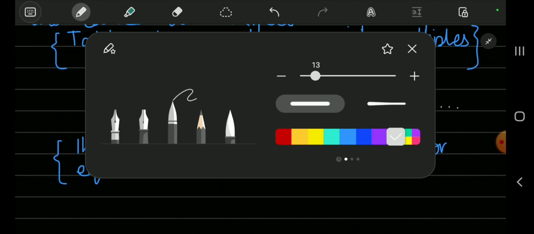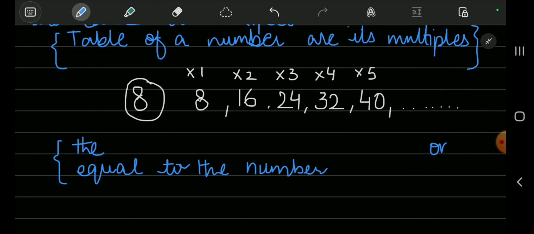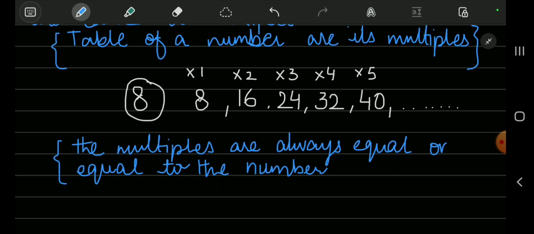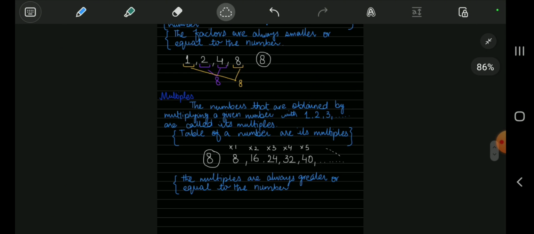The multiples are always equal to or greater than the number.